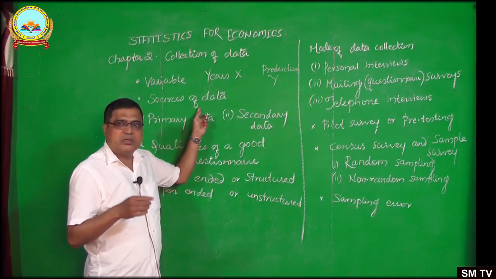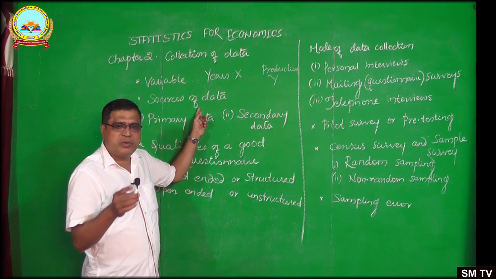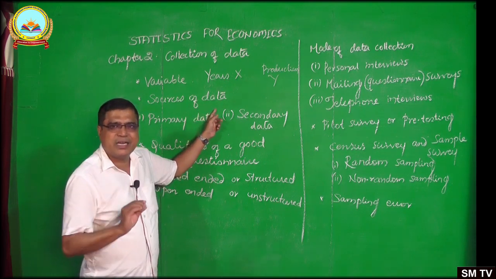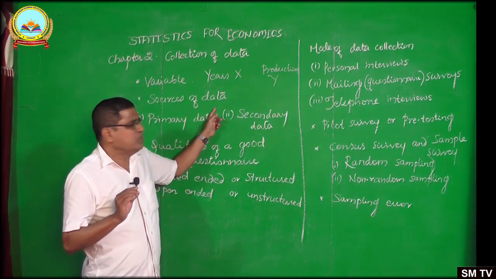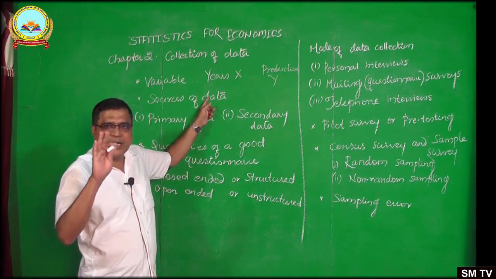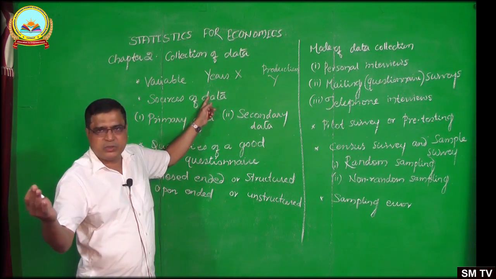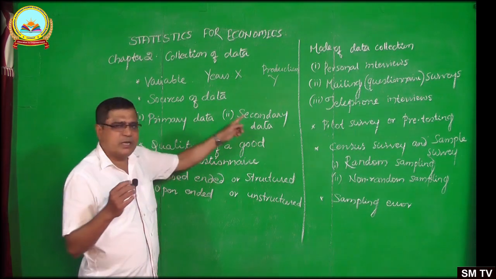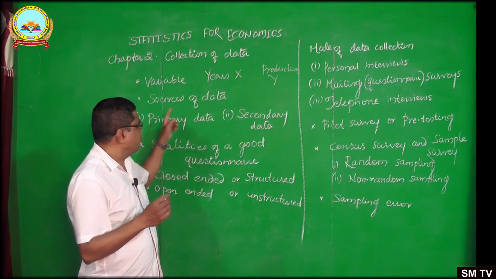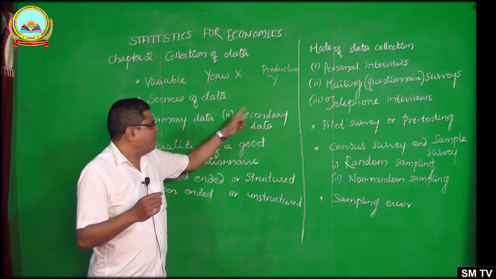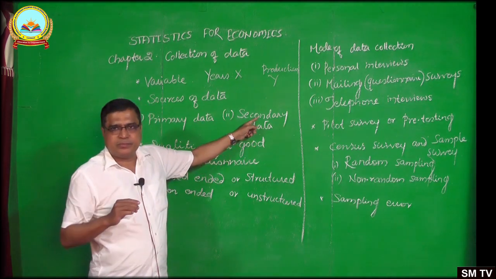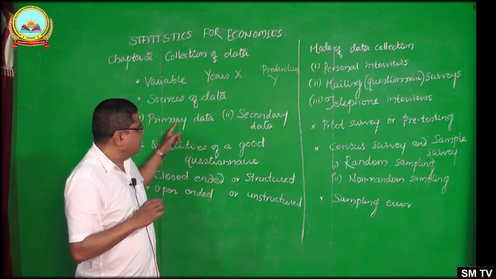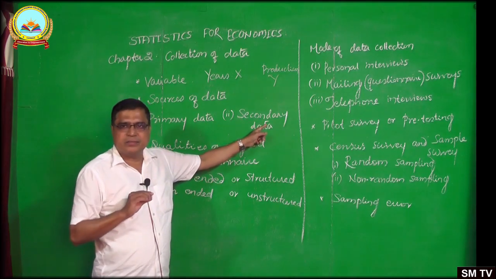Sources of data means where the data is collected from. The sources of the data can be mainly classified into two types: primary data and secondary data.